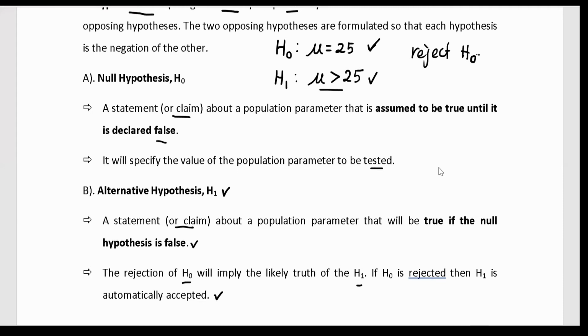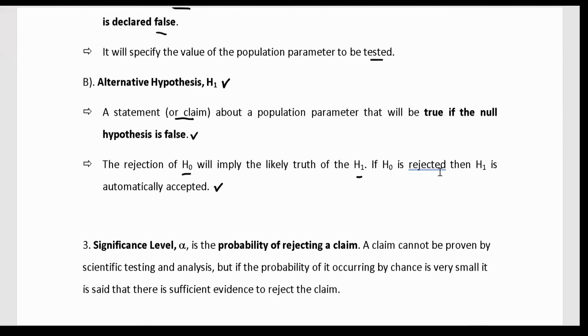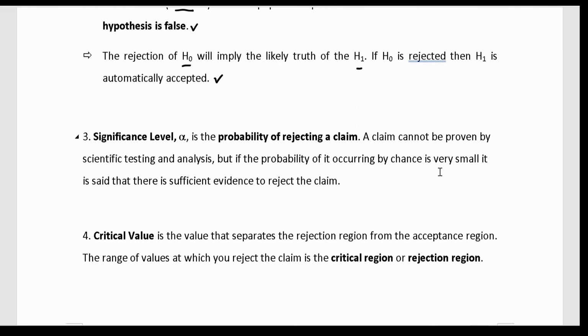So as an introduction, we have looked at the pair of hypotheses, H0 and H1, and the meanings of them. Now we move on to the third point. In order for you to determine when to reject the H0, we have to refer to point 3, significance level. We use alpha to represent it, the probability of rejecting a claim.